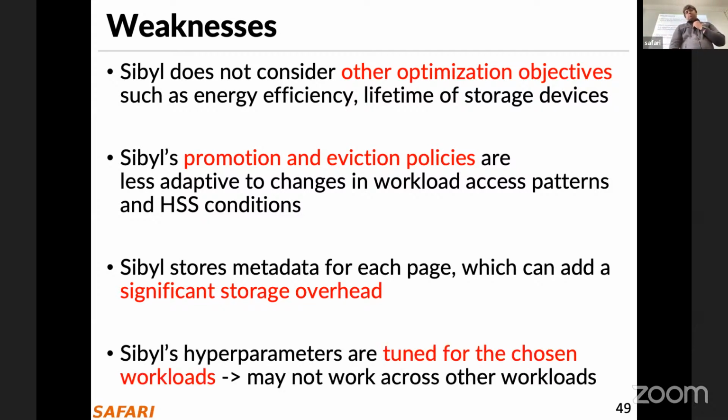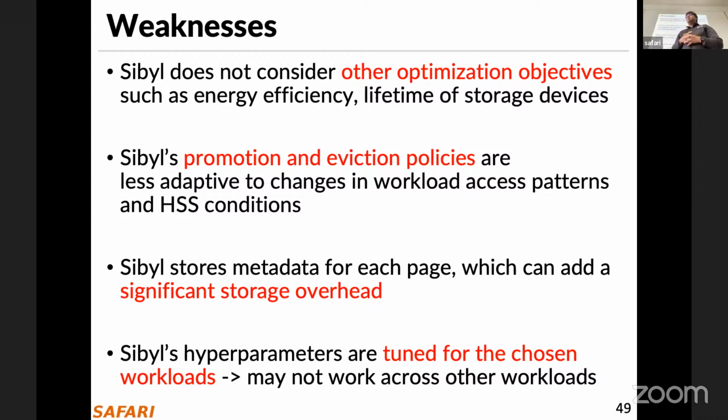And this is me being somewhat overcritical about Sibyl. The hyperparameters were tuned based on the workloads that were chosen. This is an offline process that we used for tuning the hyperparameters, and it may not actually work when you change the workloads to a completely different set of workloads.